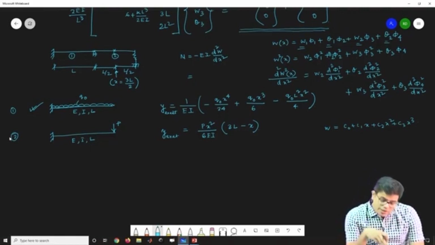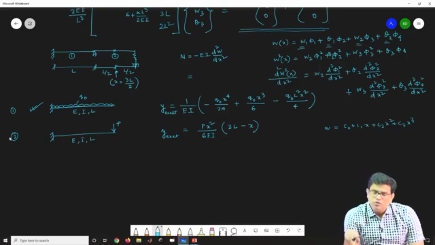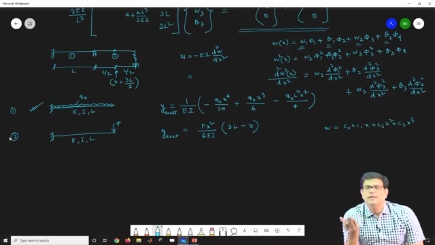Now in the first case, obviously if you use one element or simply two elements, you will not be able to match the exact solution.